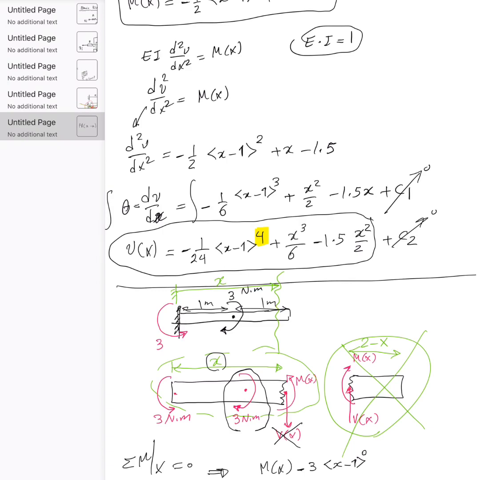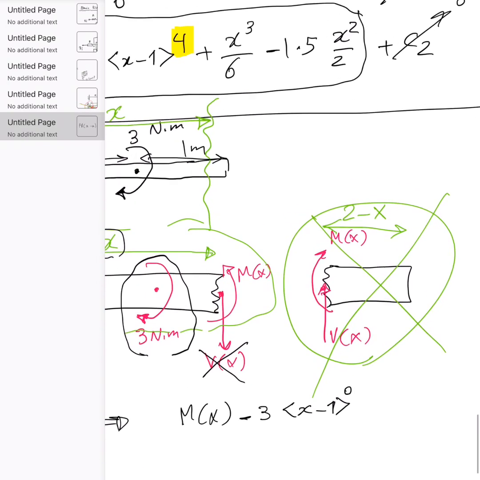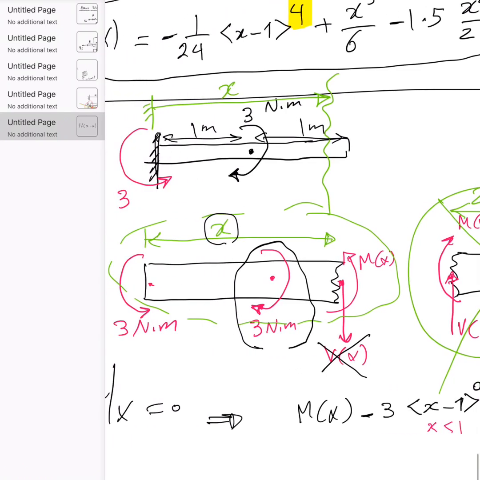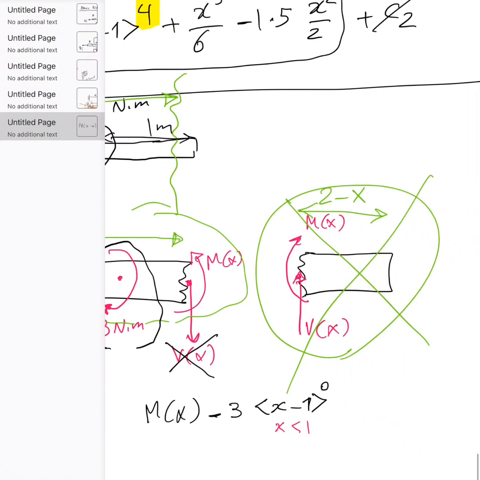So what happens here? Just consider this term. This is very important. When x is smaller than 1, that means we are right here. We don't have a couple moment here. When x is smaller than 1, this term, in fact, is 0.